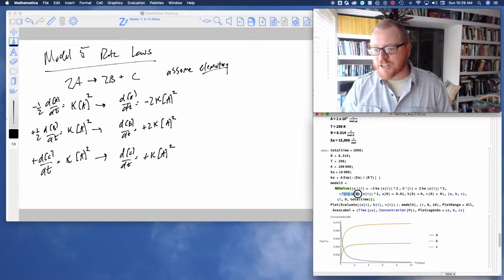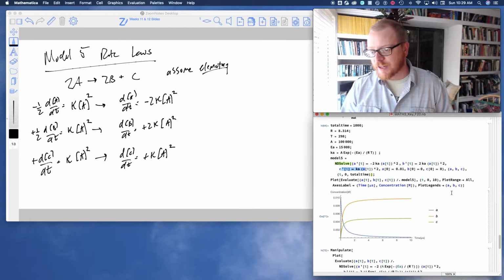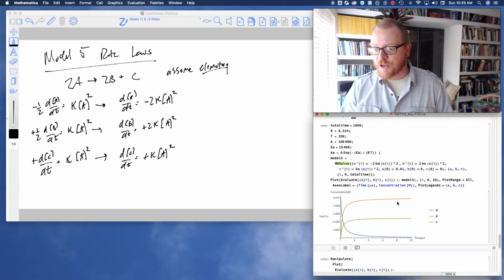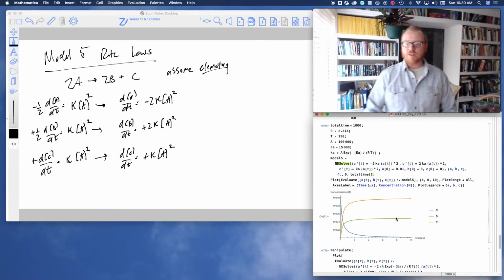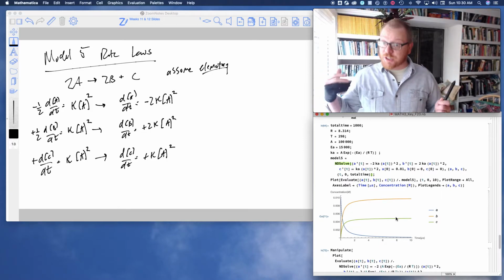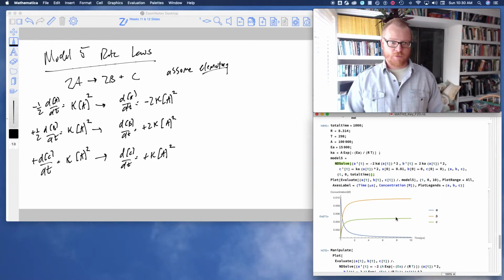But now C just equals K times A squared. And look, this is what we get in the model, right? You can see that twice the amount of B is created as C because of the stoichiometry. So make sure you're getting the stoichiometry correct. That's really important. All right?